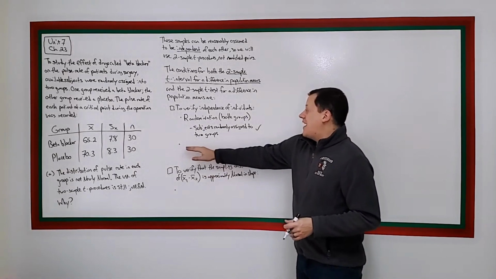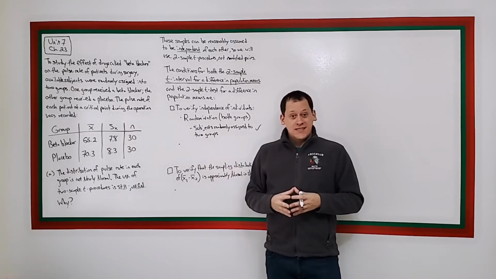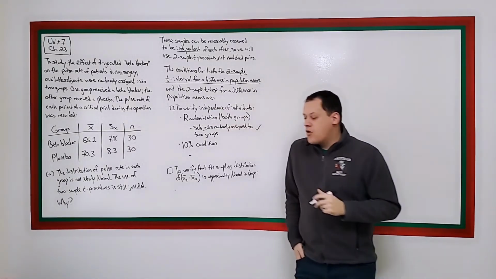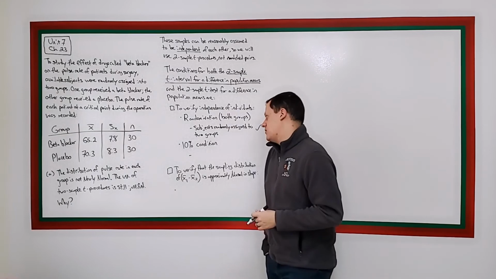The other condition that allows us to verify that the individual pulse rates are independent between patients is the 10% condition, same as before. Are we looking at less than 10% of the population in our samples?